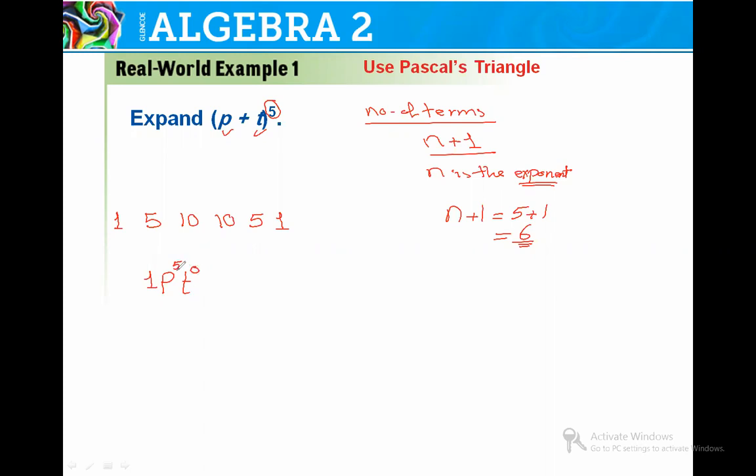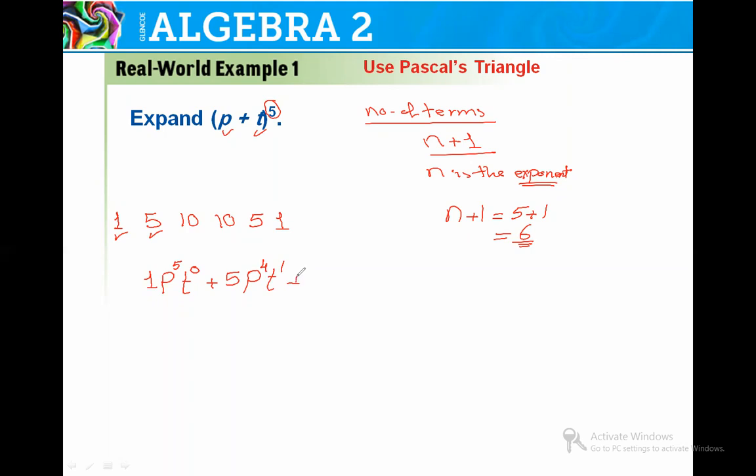So b to the power 5 and t to the power 0, and then after that plus the second coefficient, which is 5. I write 5, then b, take 1 from the power and give it to t. So b to the power 4 and t to the power 1.